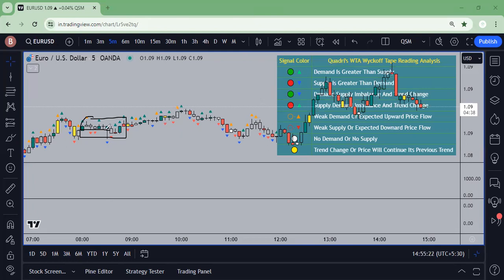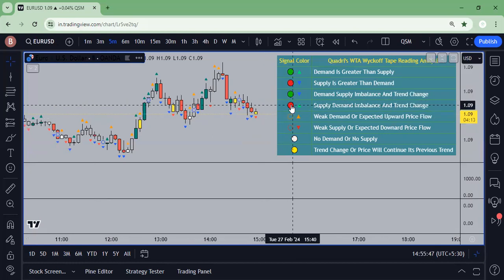So the trend change means we would be coming out of this consolidation zone. And normally this kind of candle prints when there is a consolidation taking place, because this identifies a demand and supply imbalance. Same goes when we see a red candle with green triangle.